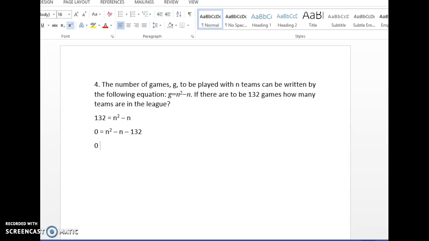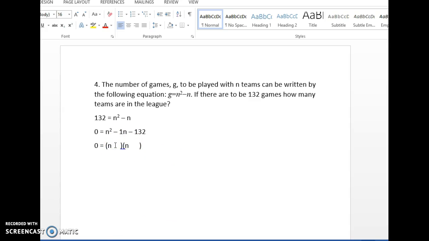And now we're just looking for, since this is a relatively simple one, a product that equals negative 132, and the two numbers that multiply to be negative 132 add up to be negative 1, because there's really a 1 right there, even though we usually don't write it.